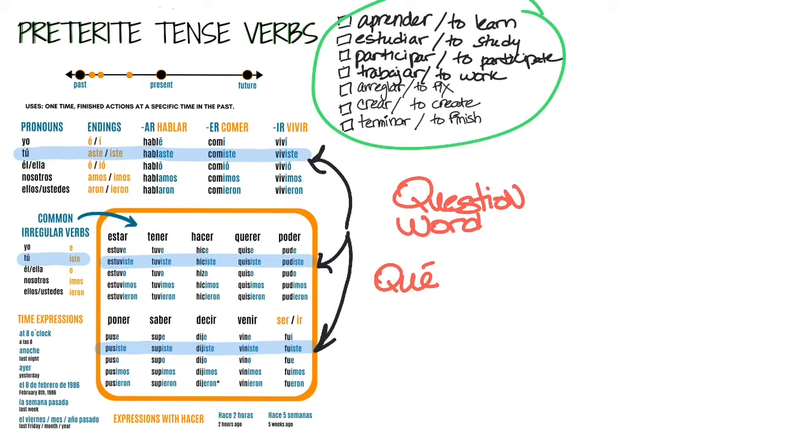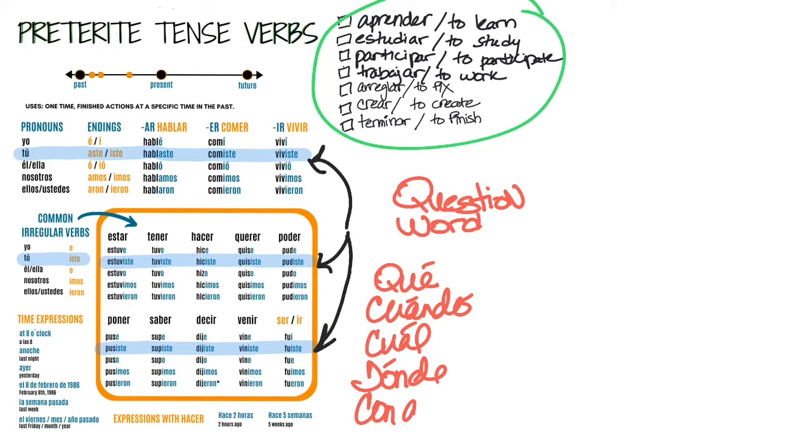In case you don't know what that is, I'm going to write these here, but you'll recognize some of them from other questions. ¿Qué, cuándo, cuál, dónde, con quién, and cómo.